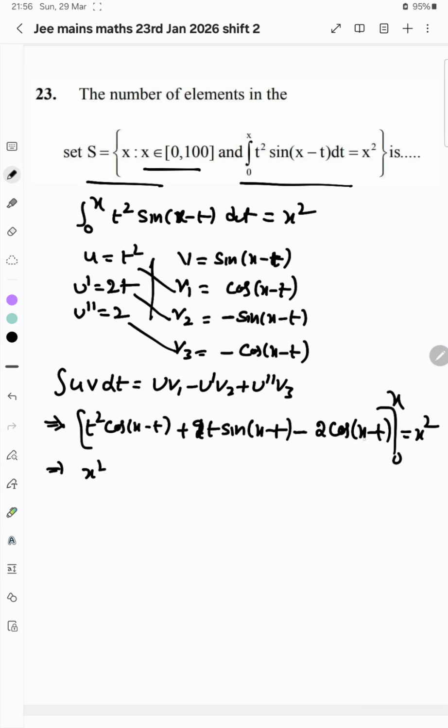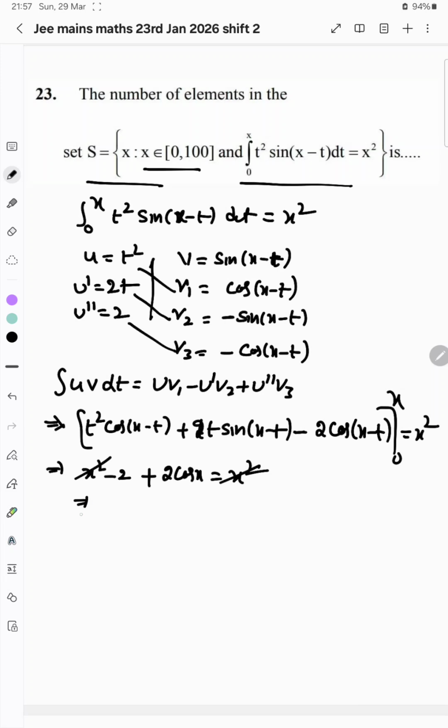Here again cos 0 will come 1, into minus 2, minus 2. This is the upper limit part. Minus the lower limit: when you substitute 0 in place of t, the first term is 0, second also 0, third gives minus 2 cos x. Already minus is there, so plus 2 cos x is equal to x square.